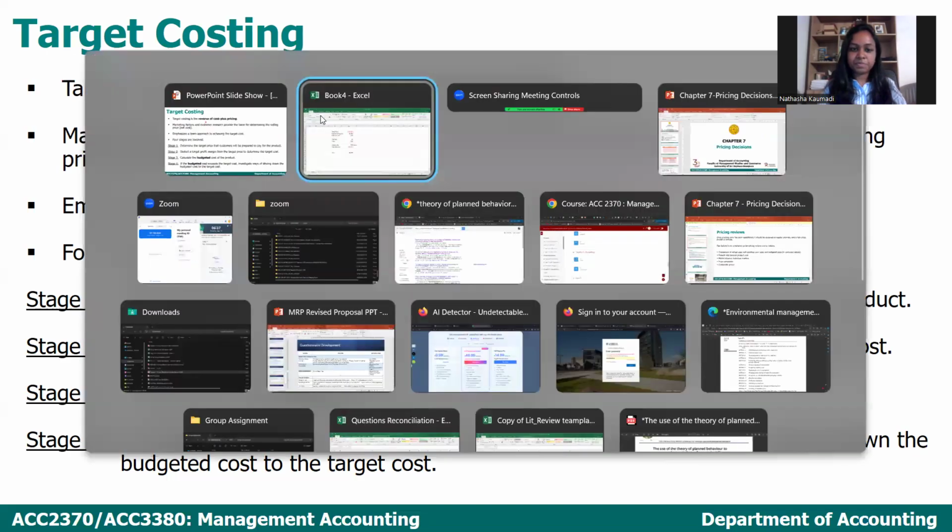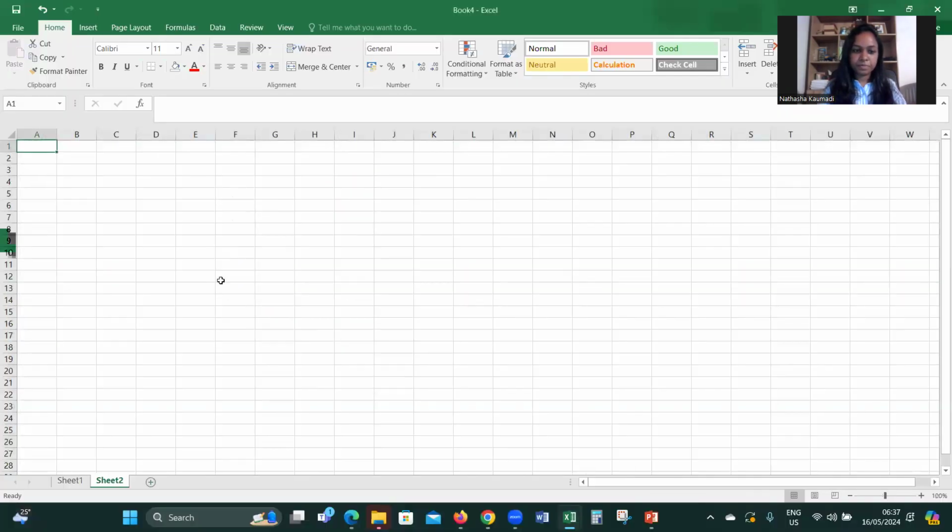Let's say you are taking a price in the market, maybe 150, and you have a markup decided in your company. So let's say I want 40 rupees from each product. That is the profit markup you want. So what is our target cost?